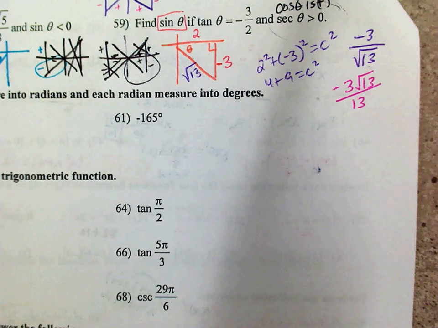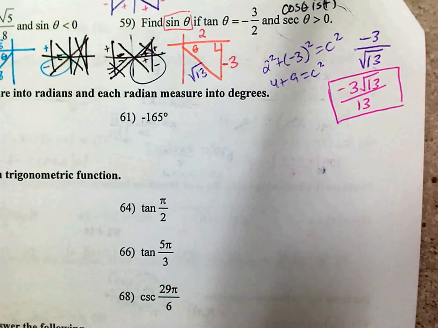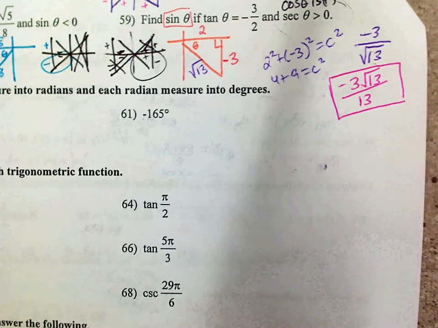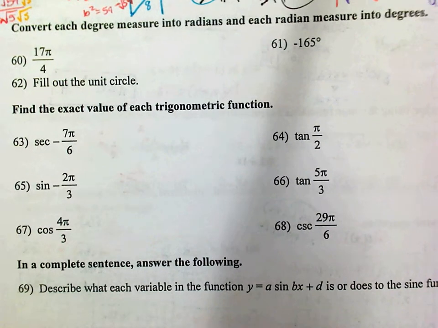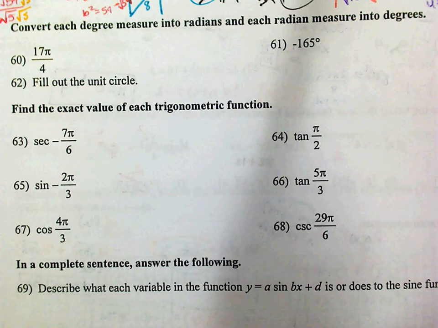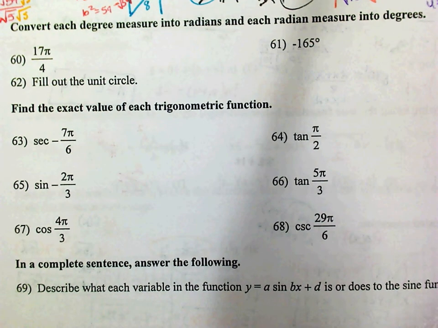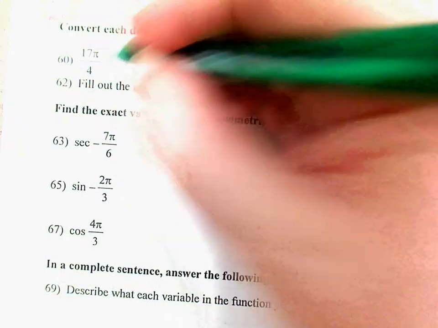Okay. Do y'all remember what to do in order to convert from a radian to a degree? Hey guys, what is pi the same thing as in degrees? 180. So you can do a couple different things. You can either just multiply by 180 over pi and just cancel out the pi's and simplify the expression.